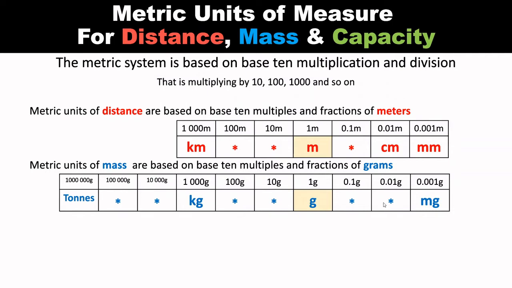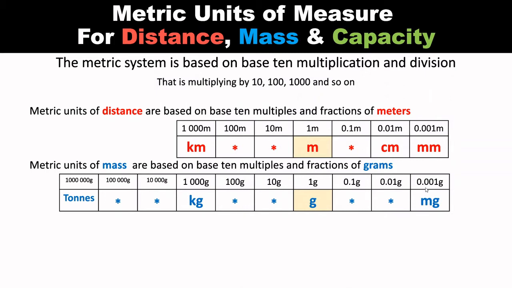You could call this a centigram. And notice it's lined up with the centimeters above. 1/100th of some unit of measure could be called a centi of that measure, centigram. But we don't usually use centigrams. So let's take a next step to the right, divide that by 10 again. From 1/100th, we go to 1,000th of a gram, and that's a milligram.